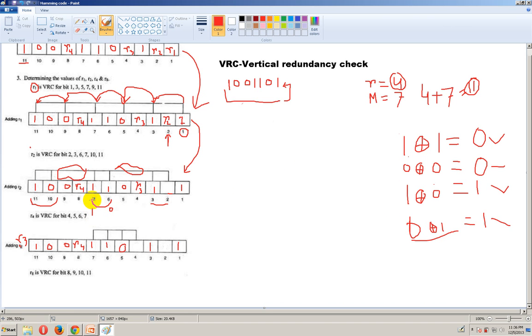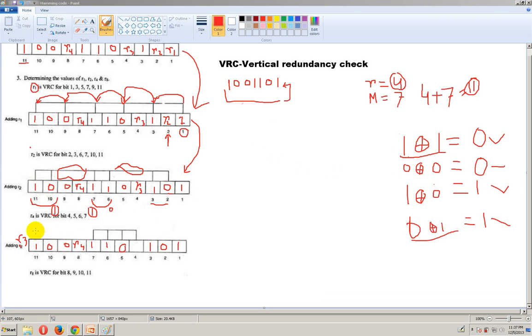Then 7 with 10: 1 and 0, exclusive or equals 1, so we get 1 here. Then this 1 exclusive or 1 gives 0, because 1 exclusive or 1 equals 0. So r2 is 0.